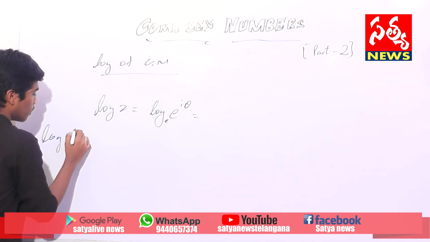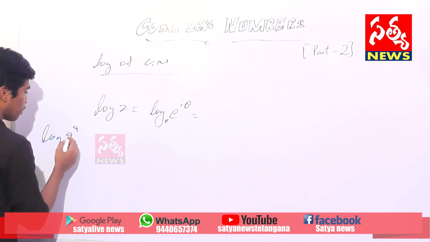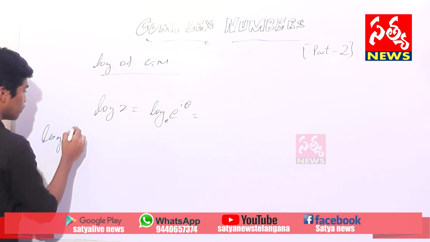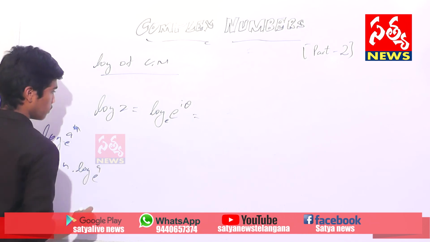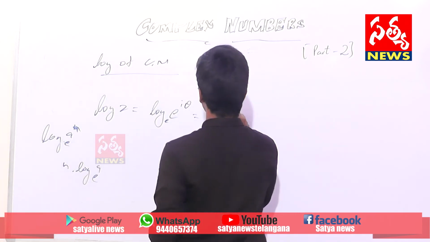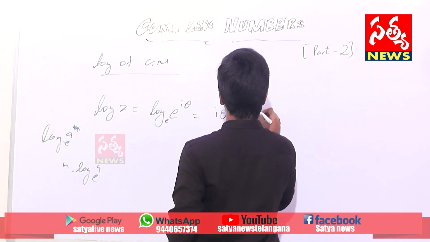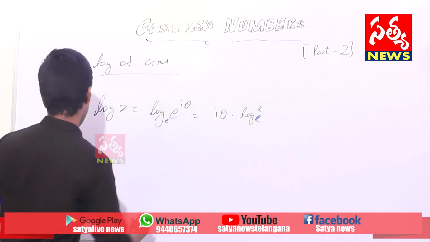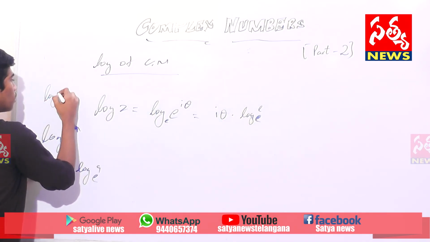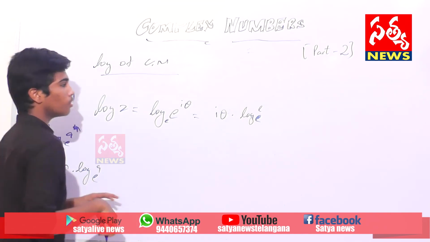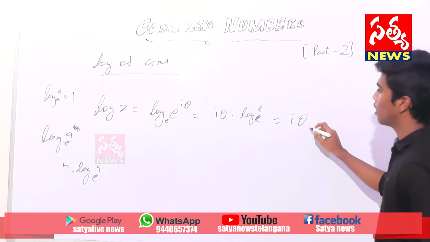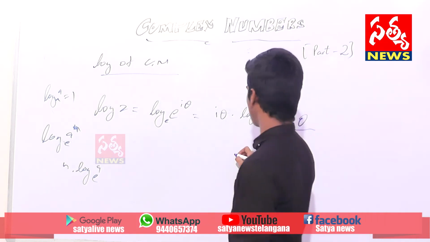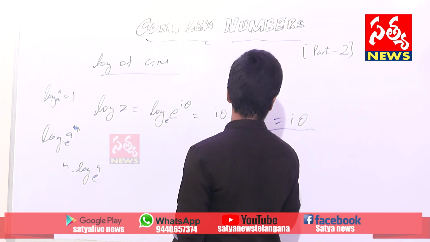Log of a power n can be written as n into log a base e. So I am going to write i theta into log e base e. And the next property of log is log a base a is 1. So log e base e is 1. i theta is our value of log z.